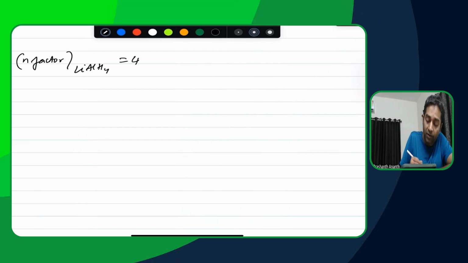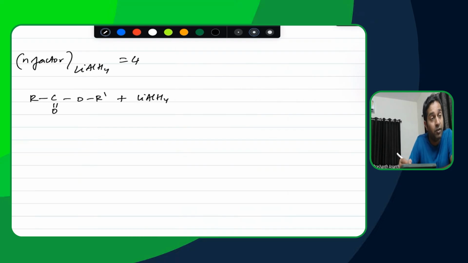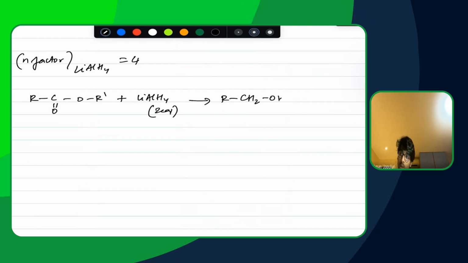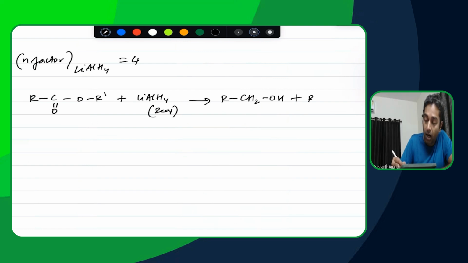So if I'm going to be having, say, ester plus LiAlH4, technically speaking, when you're writing the equation, you have to put it as one equivalent. All right. So with 2 equivalents, we will end up having product obtained as RCH2OH plus R dash OH.